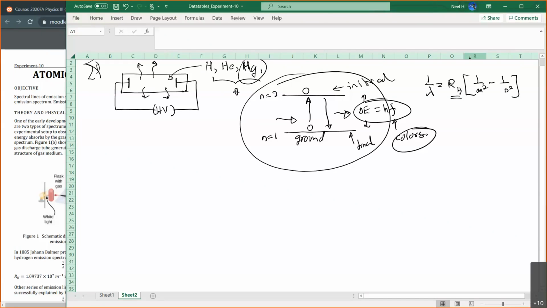So that's why the Bohr model itself is precisely matched with only hydrogen or lighter elements. If you have a heavier element, the Bohr model is not precisely matched. Okay. So that's what we are trying to investigate today.